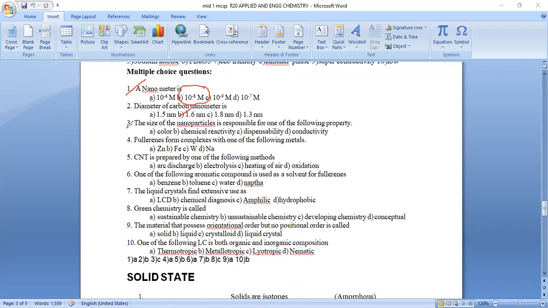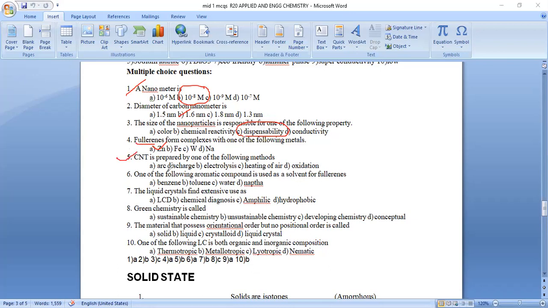The size of nanoparticles is responsible for the dispersibility property. When the size decreases, the dispersibility increases. Fullerenes are easily combined with metals and alkali metals. They can combine with zinc, and when fullerenes are combined with zinc, their properties are enhanced.